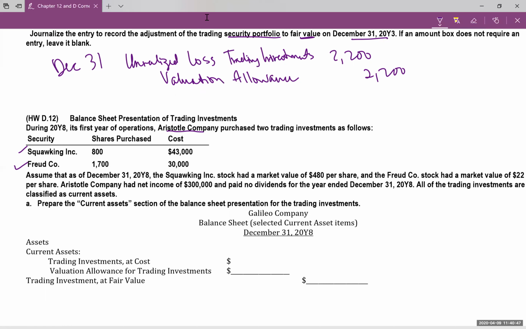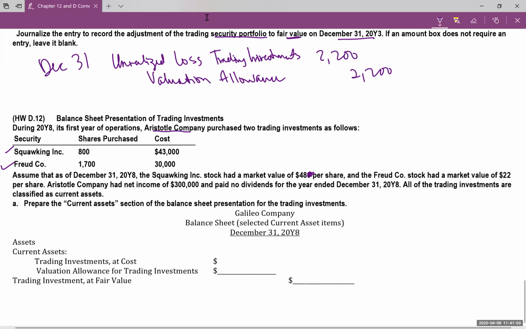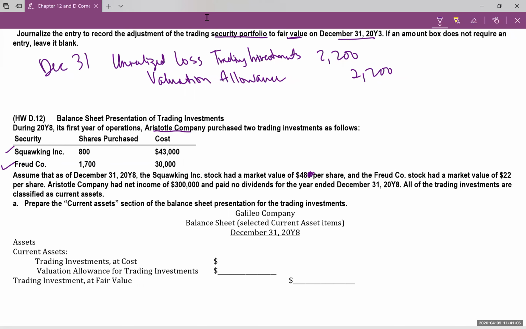So now let's assume it's December 31st, and Squawking had a market value of $480 a share. Excuse me, let's make that 48. Now it's a boo-boo. It's supposed to be 48, not 480. And Freud had a market value of $22 per share. So let's do this little valuation over here.